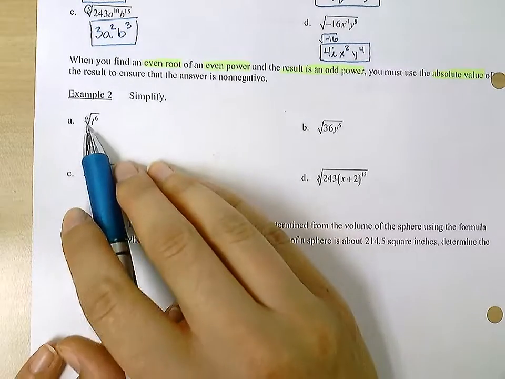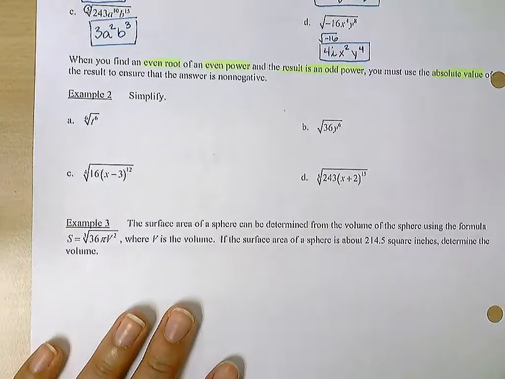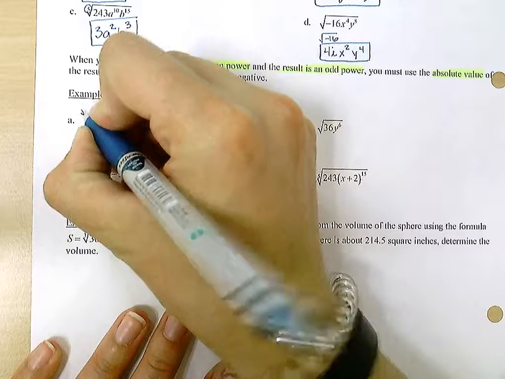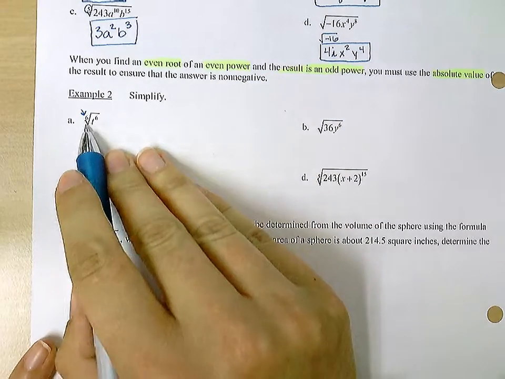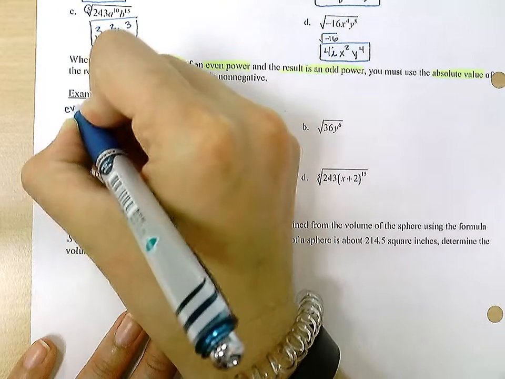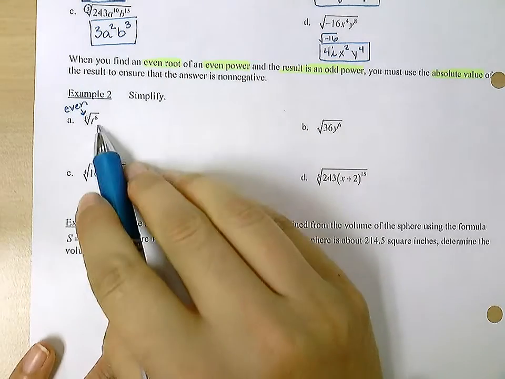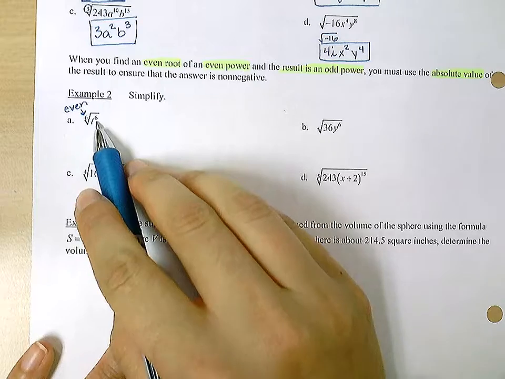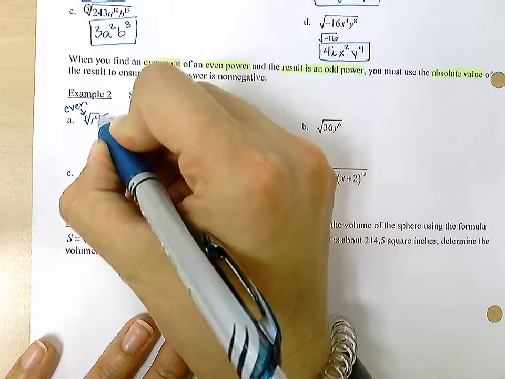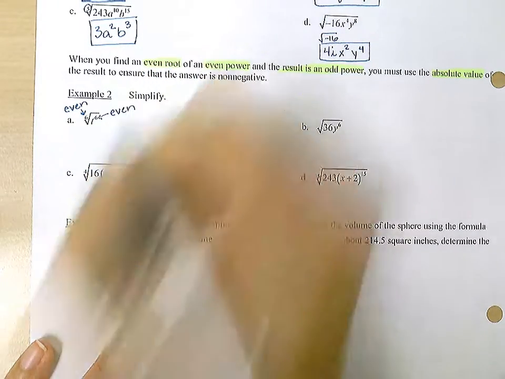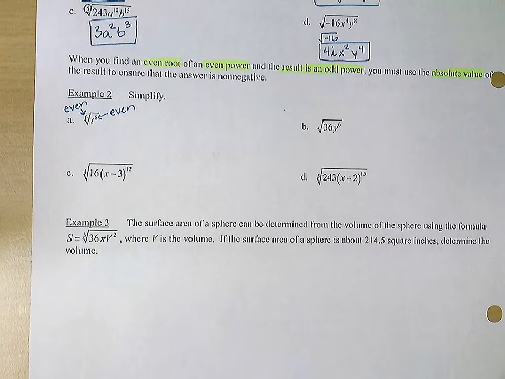So here I have the 6th root of t to the 6th. This root is 6, that is an even root. In my radicand, t to the 6th, that 6 is an even power. So I'm starting with an even root and an even power.